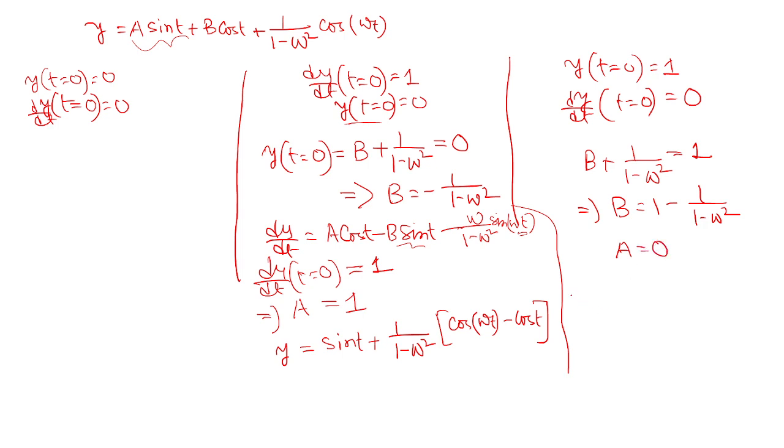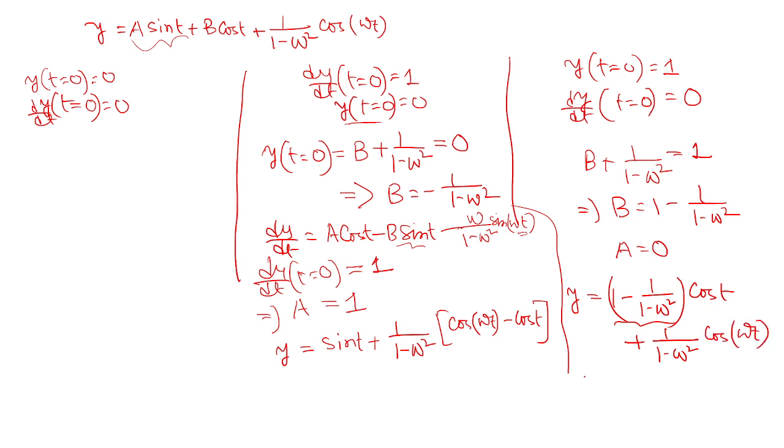So in this case our solution will be 1 plus 1 minus 1 by omega square into cosine of t. So this is our b, and we have 1 by 1 minus omega square cosine of omega t.